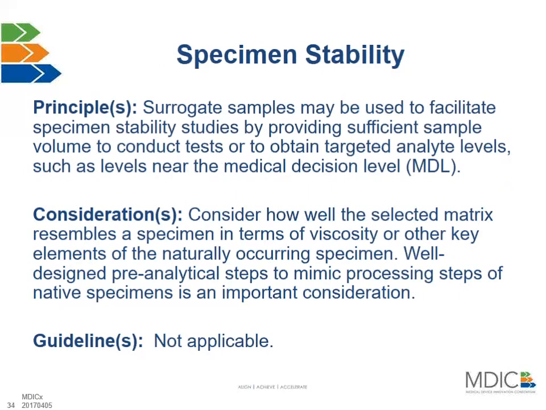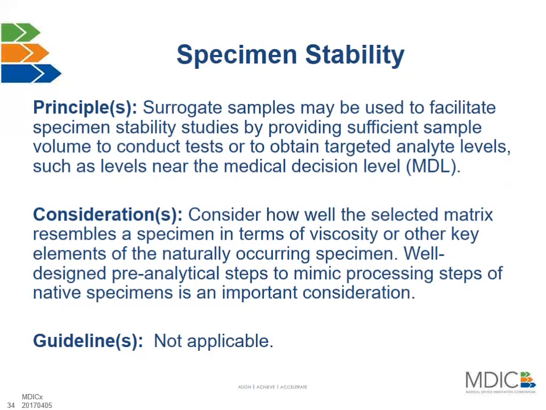For specimen stability studies, surrogate samples may be appropriate under defined conditions, such as when one is unable to acquire sufficient sample volume, or targeted analyte levels, such as those at the medical decision level, are difficult to acquire.